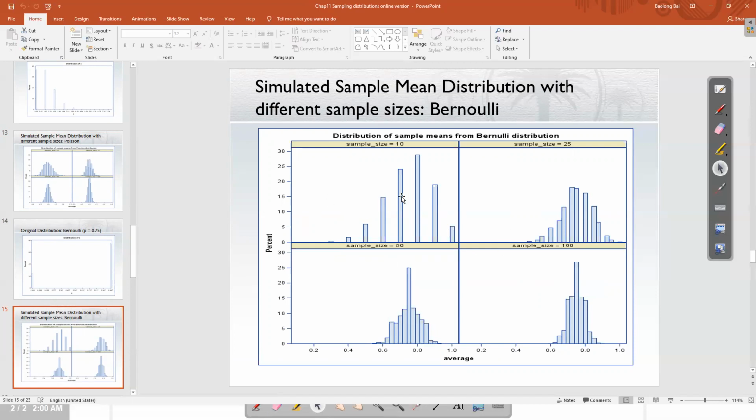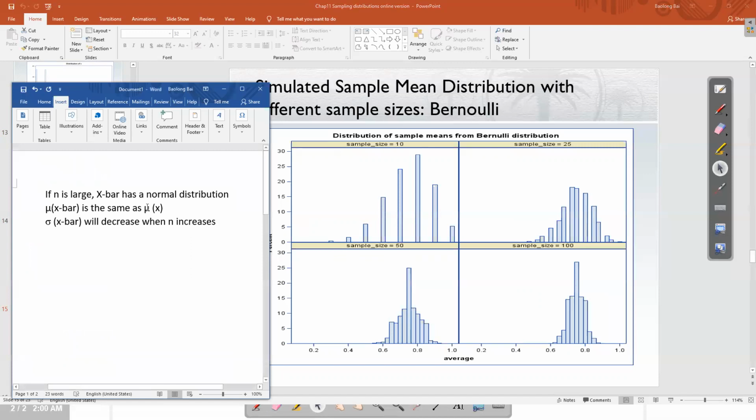So maybe when sample size is 50, it still doesn't look normal, but when sample size is 100, you can see this is a very good-looking bell-shaped symmetric normal distribution. So when you look at this simulation, when sample size n is large, this time large is 100, X bar will start to look like a normal distribution.